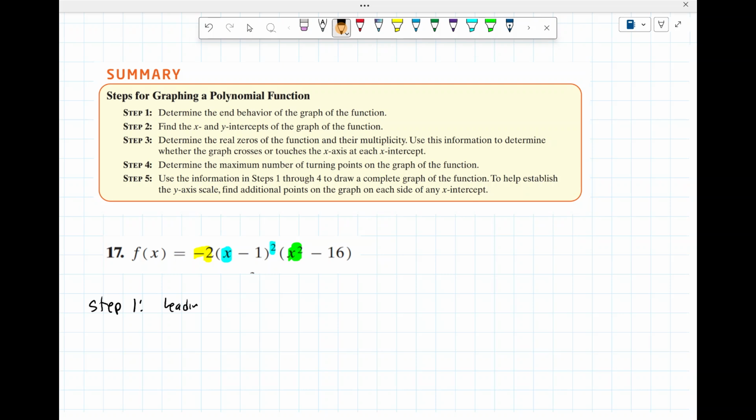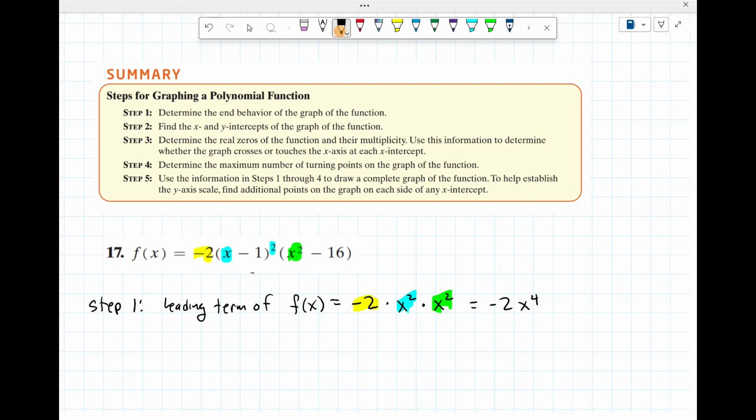So my leading term of f of x will be equal to, I do negative 2 times x squared times x squared. All right, and that's pretty much it. And that gives me negative 2x to the 4th. I know that is my leading term.